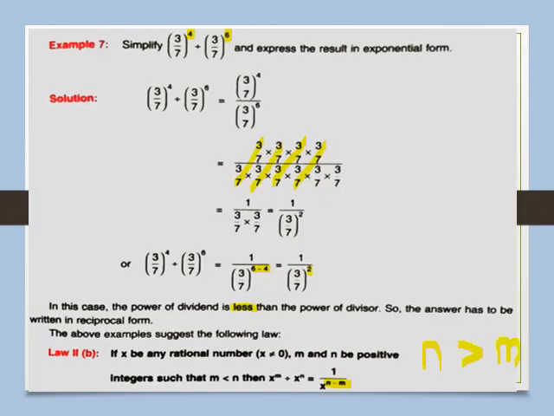See this next example, where the powers are 4 and 6. Now what will we do? We will divide 3 upon 7 raised to the power 4 by 3 upon 7 raised to the power 6. So let's divide by the simple division method.